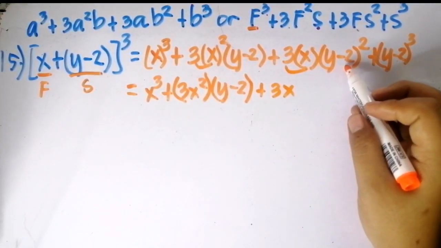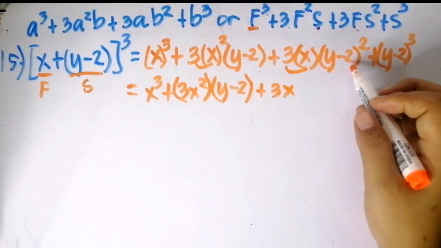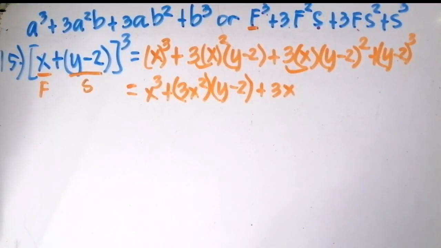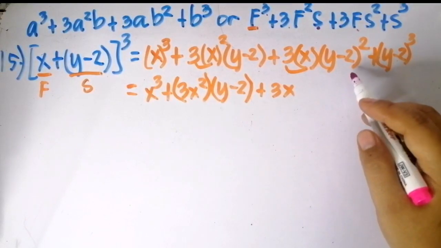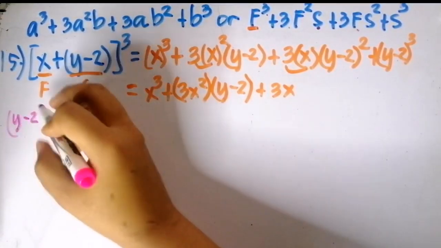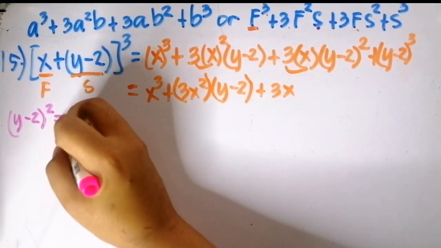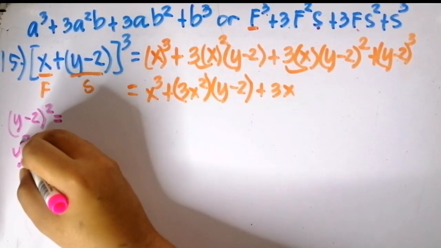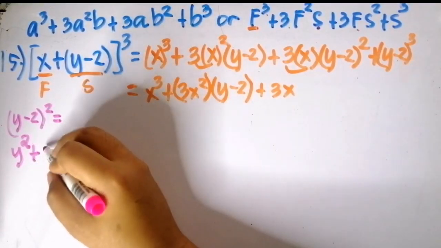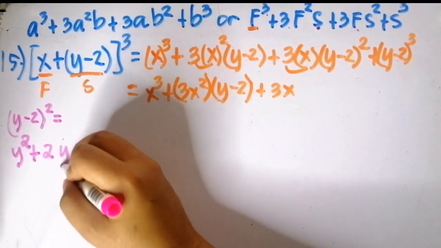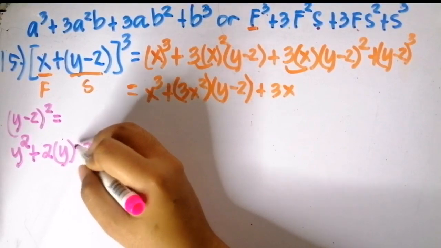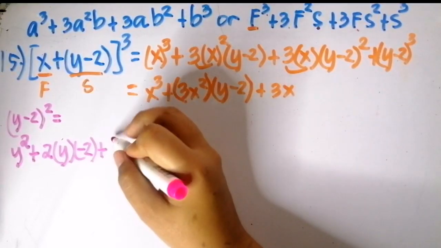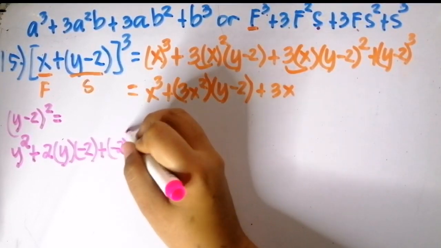And then, merong itong square of a binomial ulit dito. So, kailangan muna natin itong simplify. Y minus 2 squared. So, the square of the binomial is equal to the square of the first term plus 2 times first term times second term plus square of the second term.